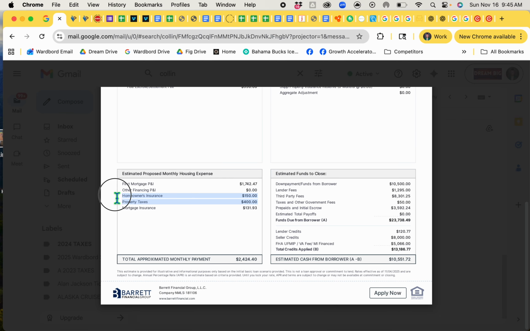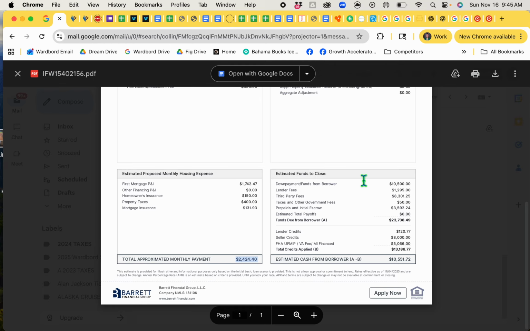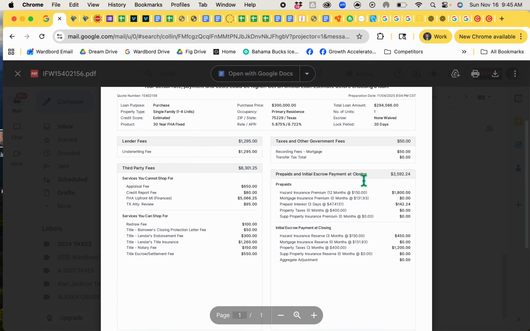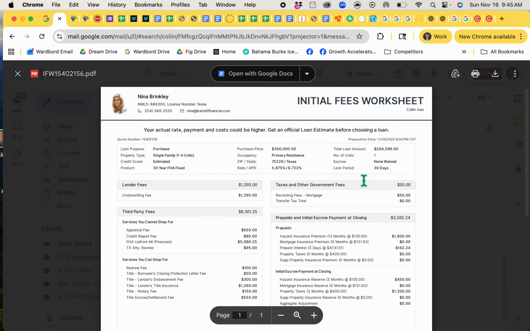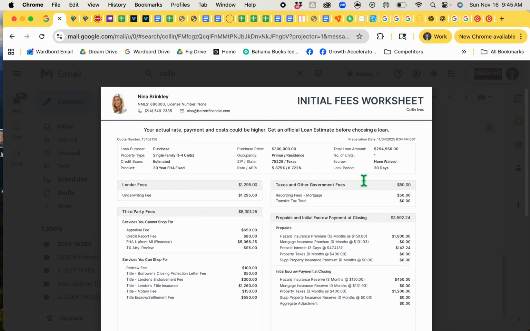So these numbers, in addition to the sales price, are what matters, and this is why that number would technically be wrong on this worksheet. I just don't want there to be any curveballs for you guys. So hopefully this helps. Let's schedule a time to go look at a house or two or three, and just see what this math would look like on a house that you like, and see where it goes from there.